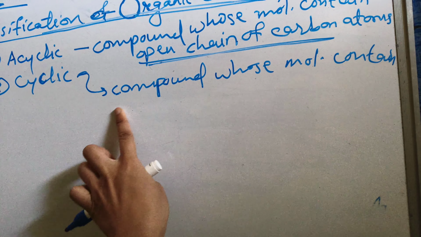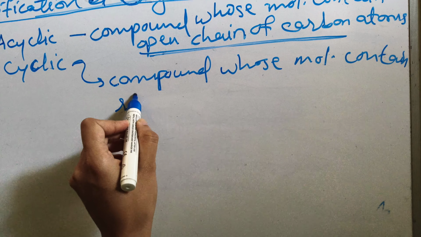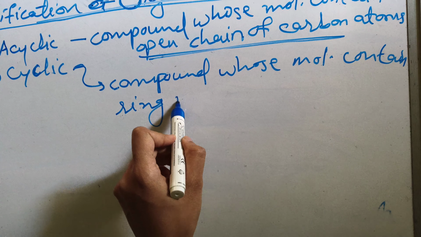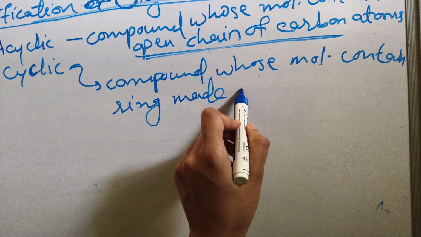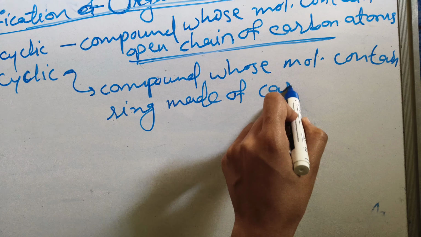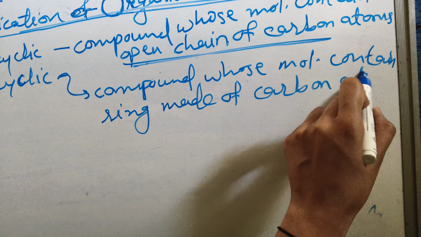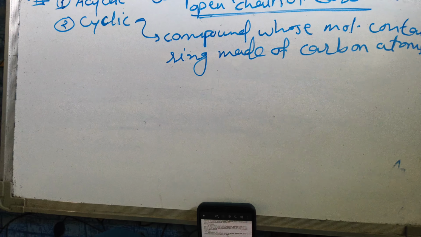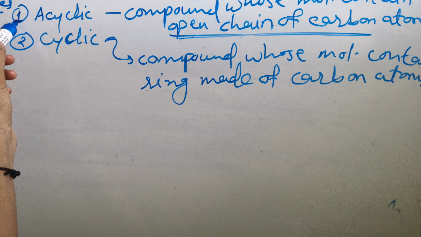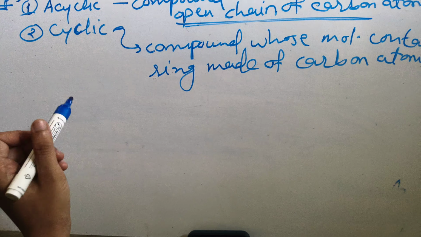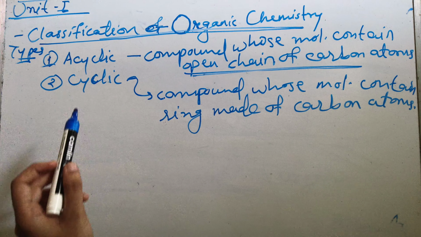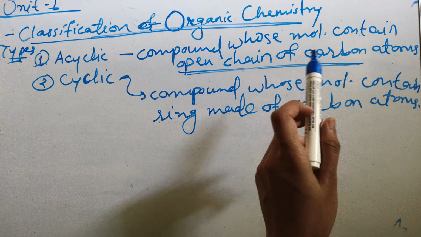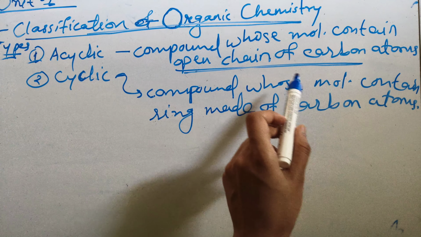Or, a compound whose molecule contains a ring made of carbon atoms is called a cyclic compound. In acyclic, what we learn is a compound whose molecule contains an open chain of carbon.